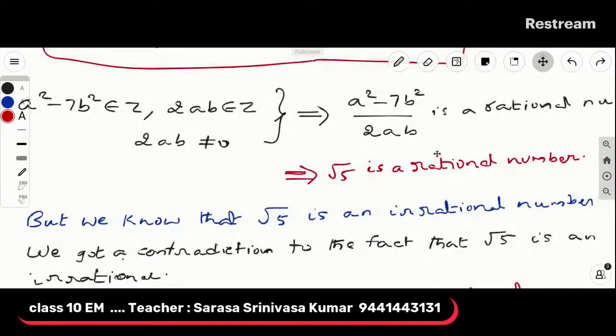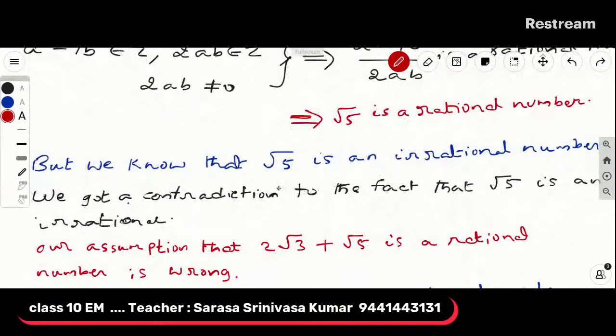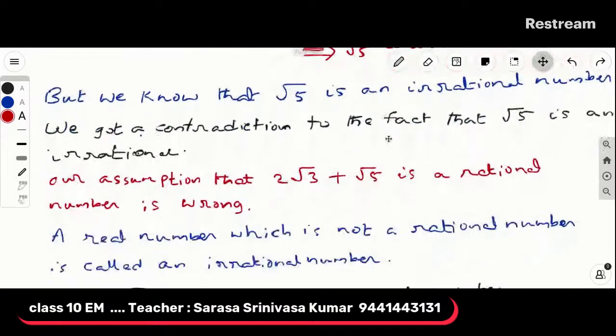But we know that the square root of 5 is an irrational number. We have already proved this result in the previous classes. Square root of 5 is an irrational number. This is true. But we got in this case that square root of 5 is a rational number. This is a contradiction to the fact that square root of 5 is an irrational number. Hence, our assumption that 2 square root of 3 plus square root of 5 is a rational number is wrong.